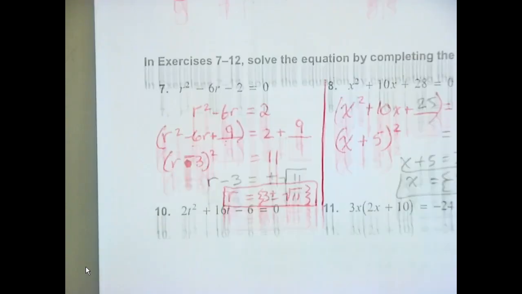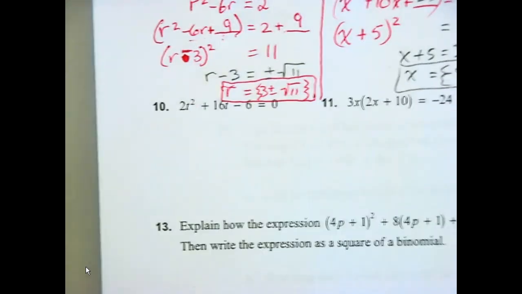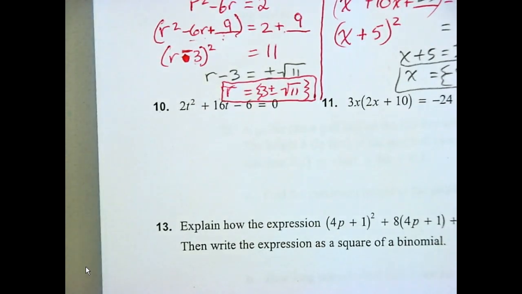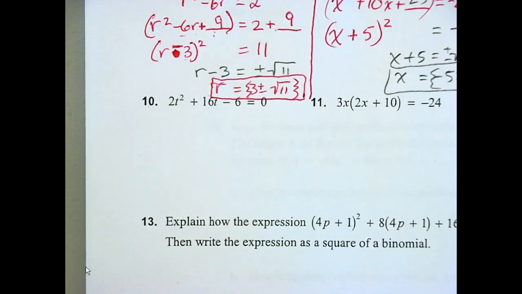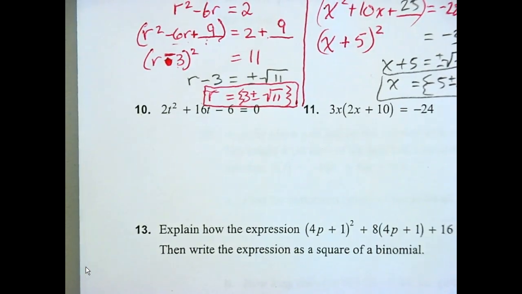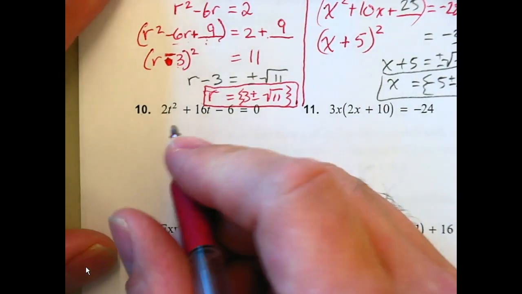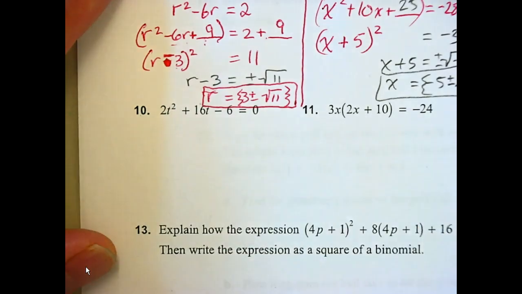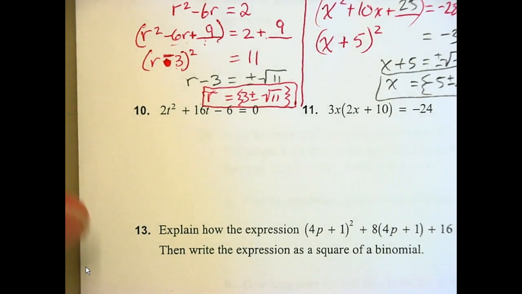All right. Well, let me give you, take a look at number 10 real quick, just so that we're clear. Number 10, tell your neighbor what you can do to that to make it a little easier. Okay, what can I do? Divide by 2. Now, when I divide by 2, what happens to the 2?